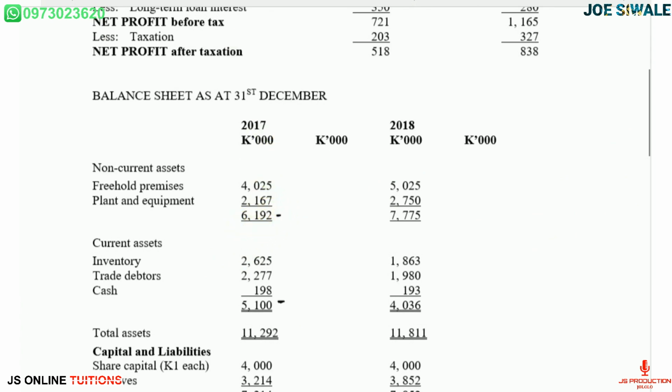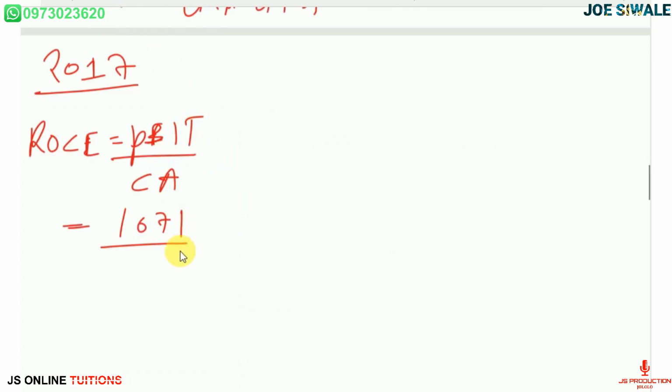And you're going to discover that you're going to have 9714. So we're going to multiply it by 100, and your answer there is going to be 11.0%.